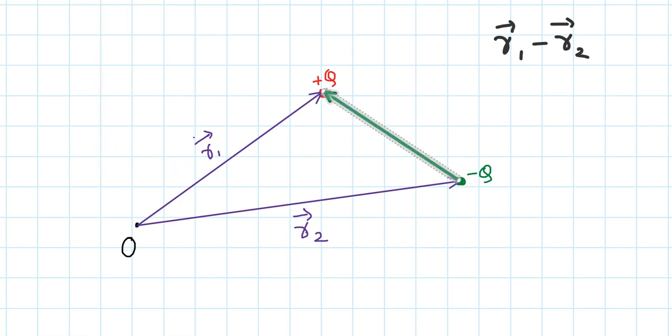So this will be your vector r1 minus r2, and the direction of r1 minus r2 is from minus q to plus q, which means the direction of the dipole moment is from minus q to plus q.